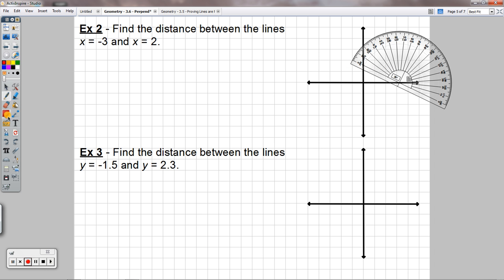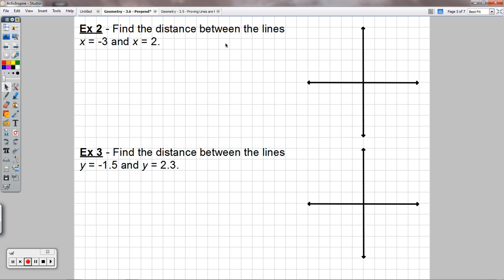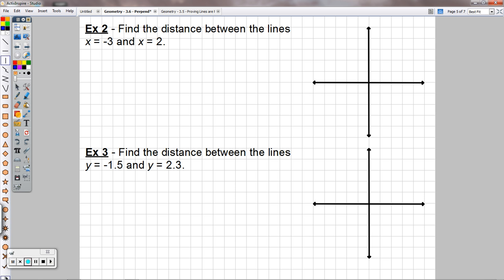I can get rid of my protractor here. Find the distance between the lines x equals -3 and x equals 2. So I'm going to get out my line tool here, if I can. And there we go. So x equals -3.